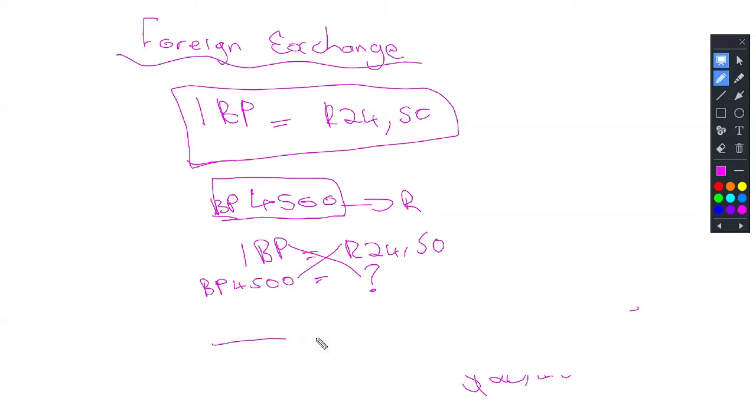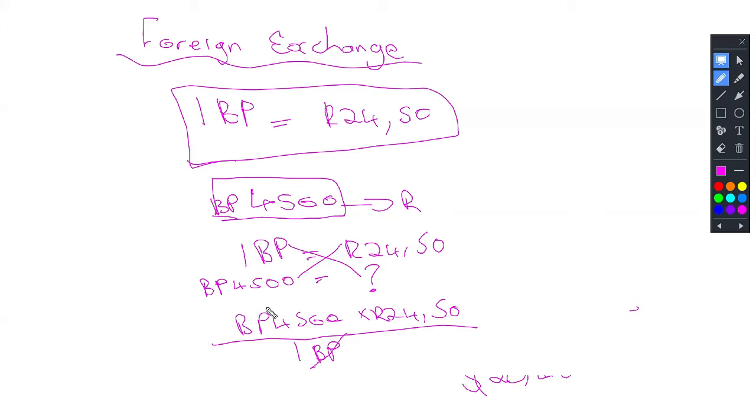Remember, the rule of the question mark method says a number that is facing the question mark, it goes down. So which number is that? It's that 1 British pound. And then we say 4,500 British pounds multiplied by 24 rands, remember, the units of measurement are important, 50. And then we cancel whatever we are seeing that is the same.